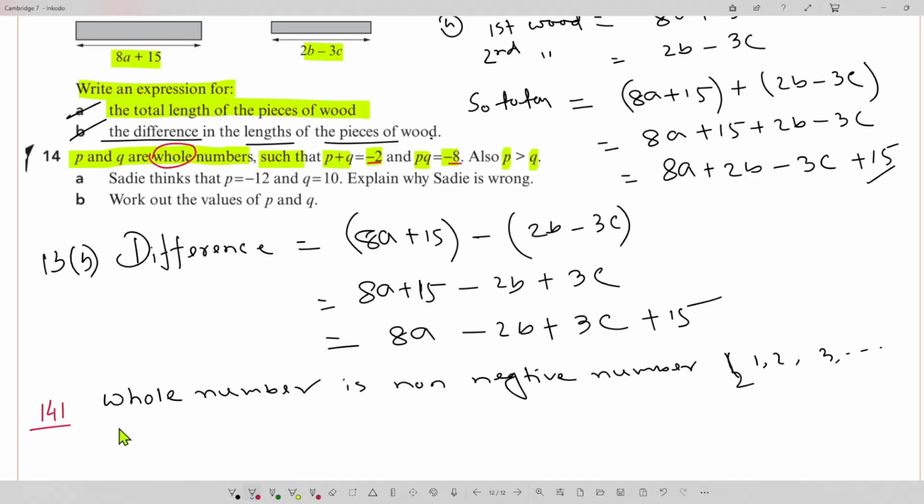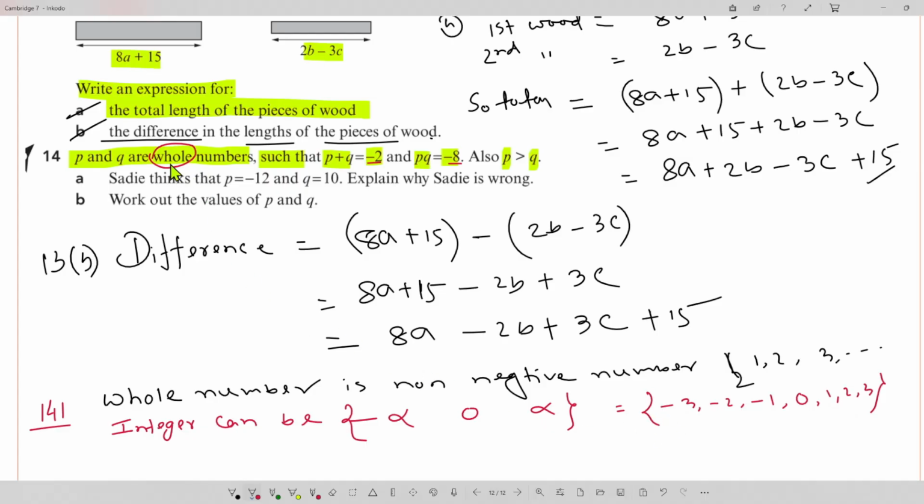Okay, we will consider this as integer. Integer can be from minus infinity through 0 to plus infinity, like minus 3, minus 2, minus 1, including 0, 1, 2, 3. So it should not be whole number, it should be integer.